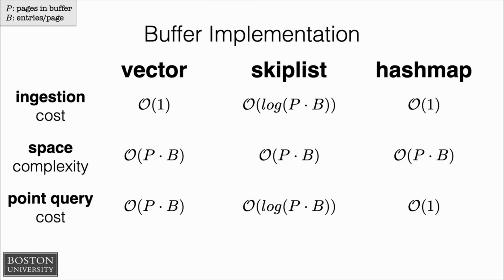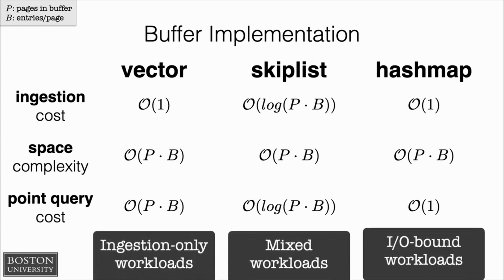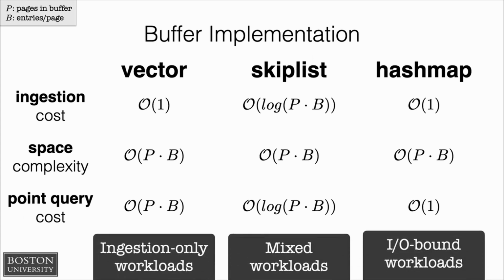Each of these data structures navigates the read-write memory trade-off in its own way, but if we know the workload, we can have our best implementation and extract near-optimal performance. For example, if I have an ingestion-only workload, or a workload where I do not really care about the tail latency for reads, I might as well go for a vector implementation.